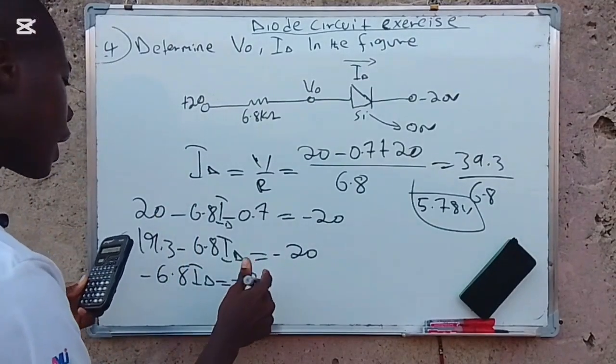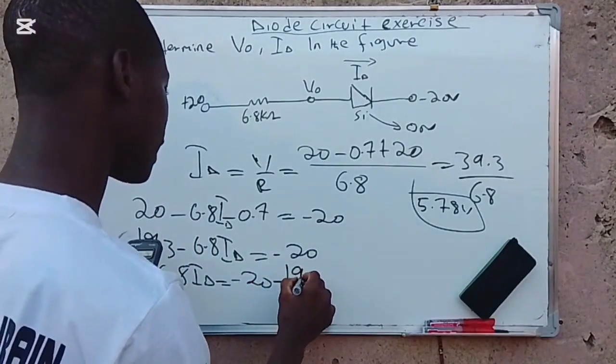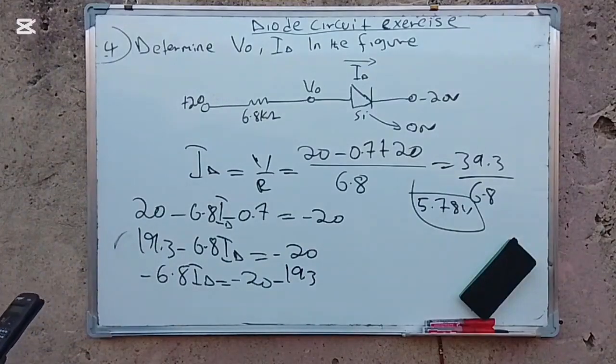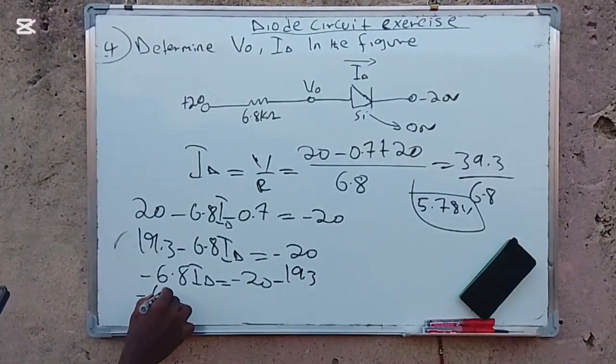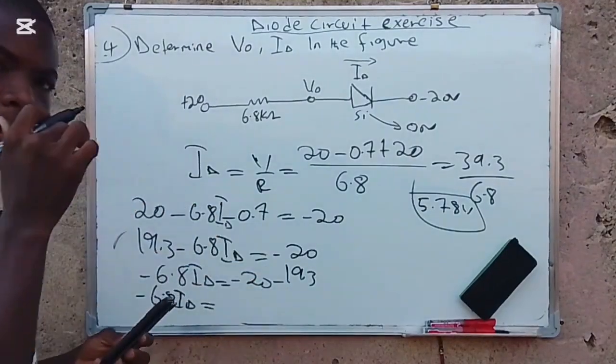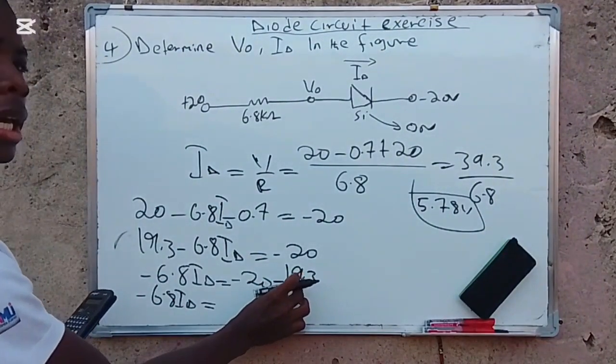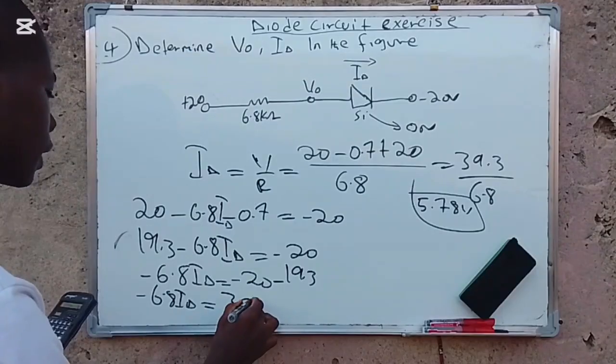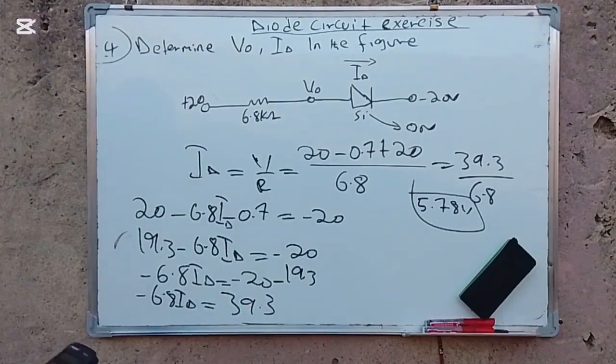When this crosses the equal sign, it will now be negative 19.3. So as you can see, I'll have negative 6.8 ID should now be equal to minus 20 minus 19.3, which is 39.3. But I have minus.